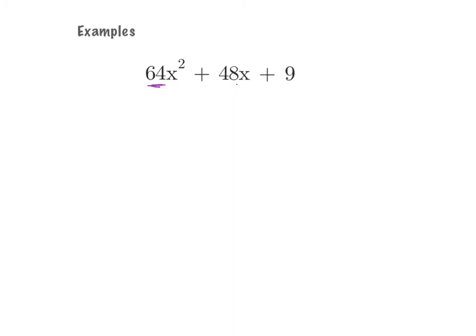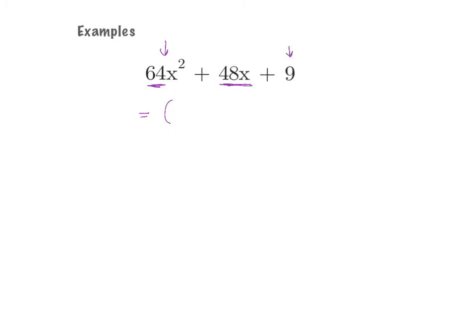So remember, you want to look at the first and the last term, and are these perfect squares? Yes. The middle term must be twice the square roots of these. If those two are perfect squares, go ahead and factor it, and then you can always check it, okay?